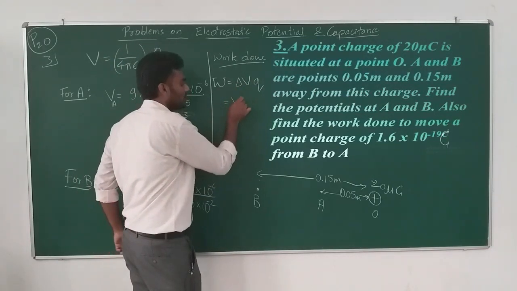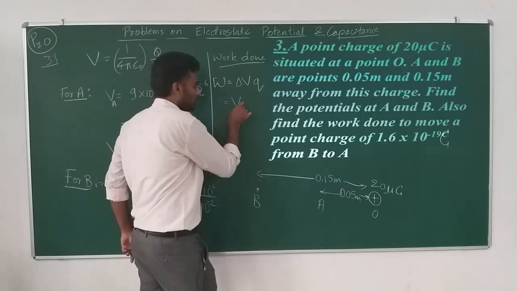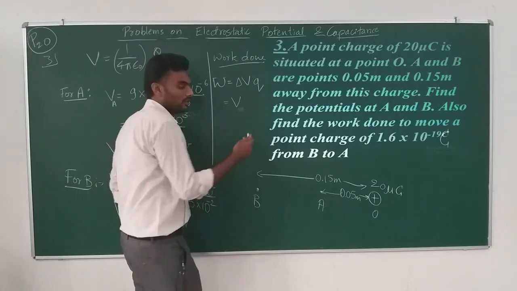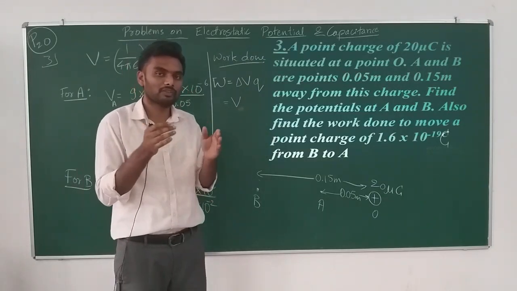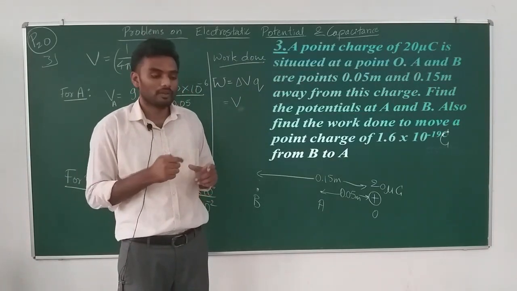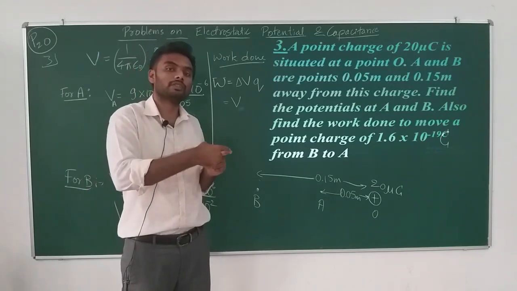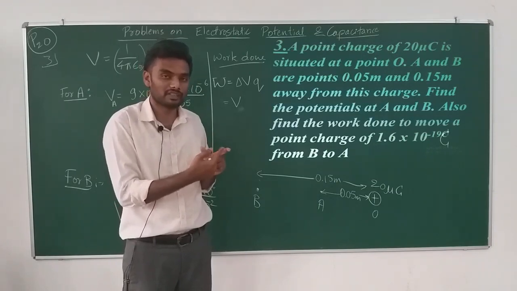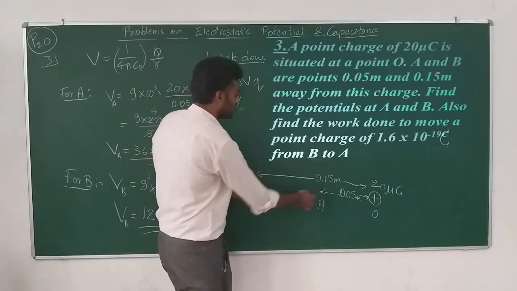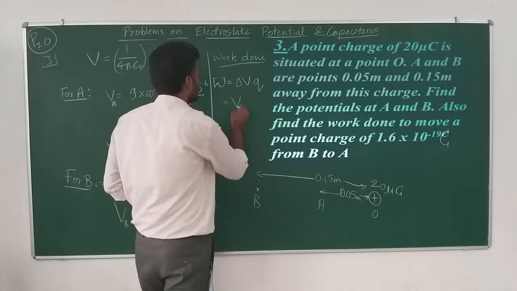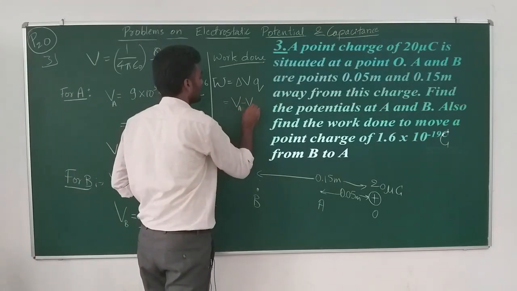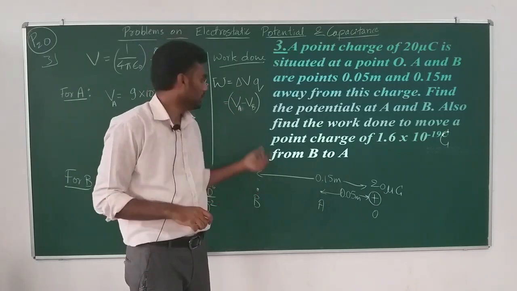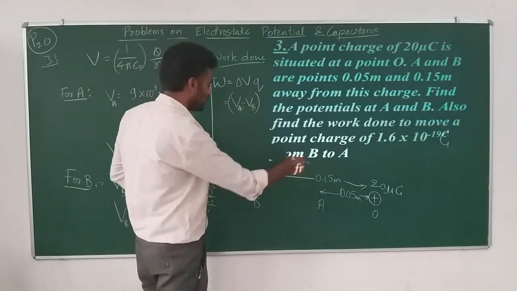Delta V is the potential difference between the two points, from which point and to which point we are moving the charge. So it's the potential difference between these two points, which I can write as VA minus VB here, times the charge I move.